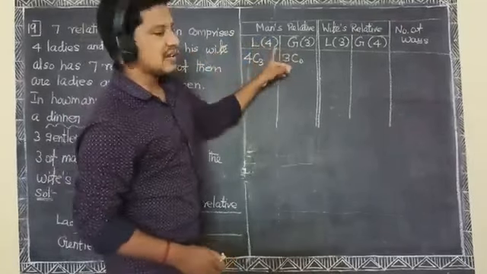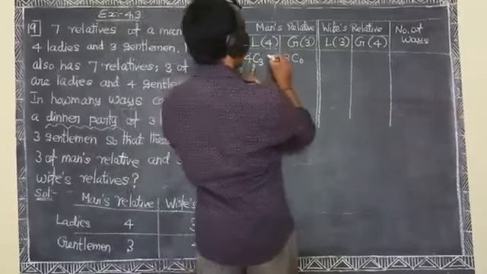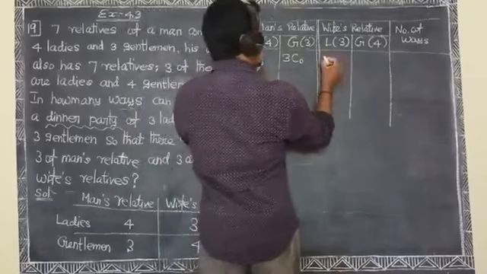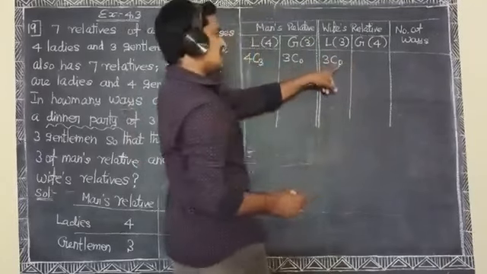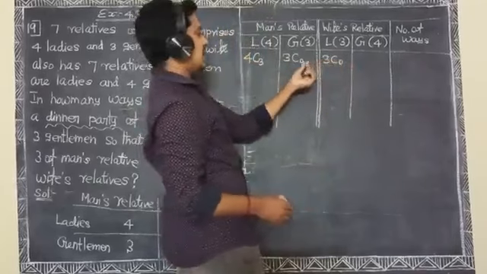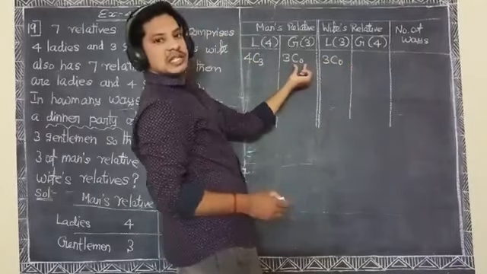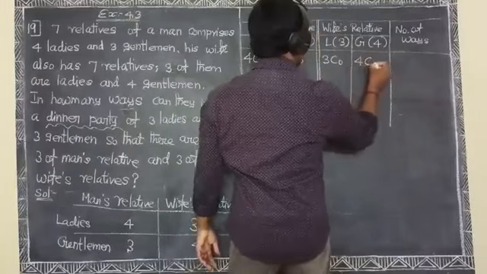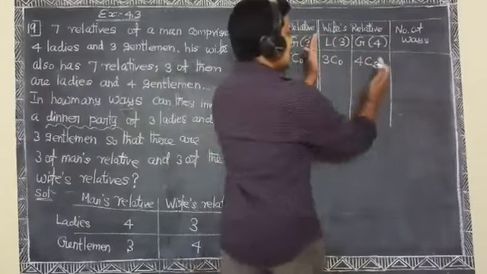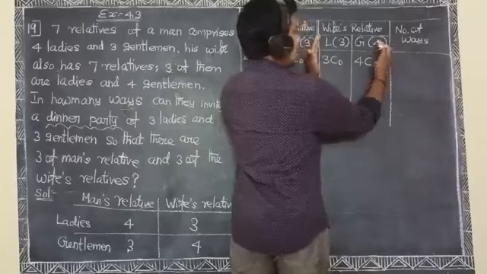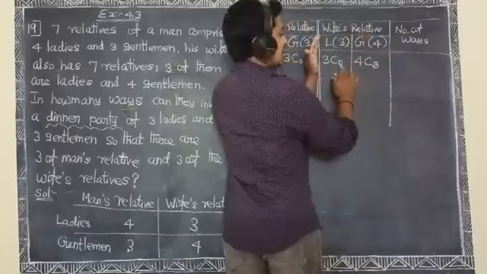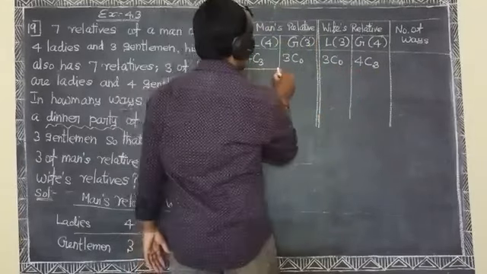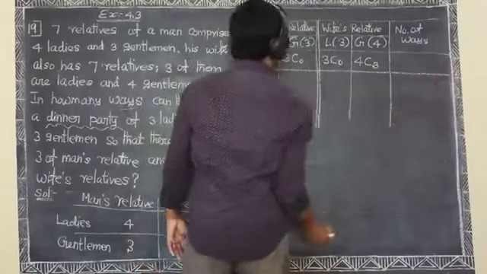Here we choose 3 ladies, no one chosen from the gentlemen. Then in the wife's relative, 3 gentlemen, that is 4C3, chosen 0 plus 3 is 3. The condition is satisfied. This is one of the ways.